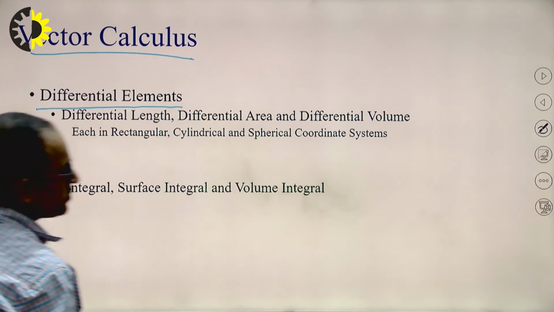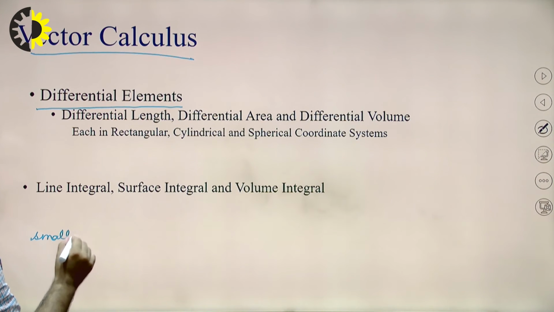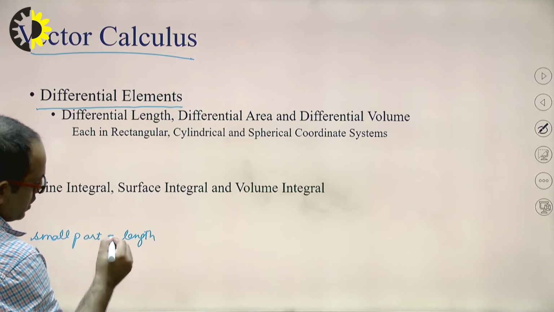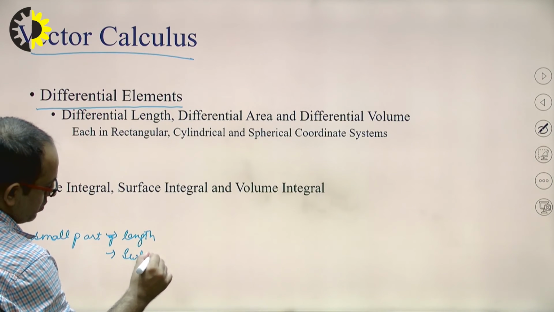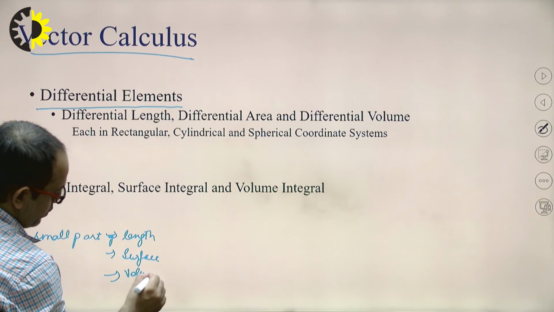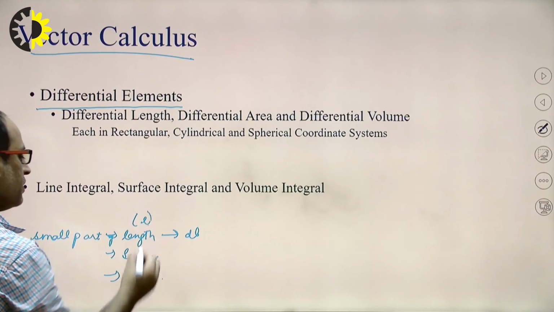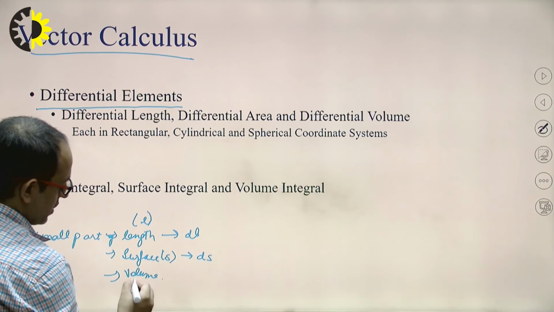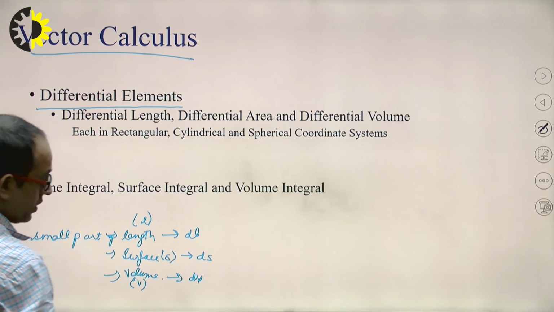In differential elements, we mean a small part of the length, a small portion of surface, and a small portion of volume. Length L is represented as dl, the small portion of surface will be ds, and the small part of volume will be dv.